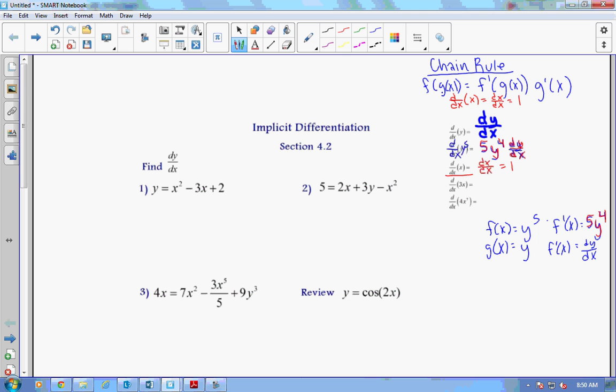Okay, the derivative of 3x with respect to x. What would that derivative be? 3 dx dx, which is just 3.